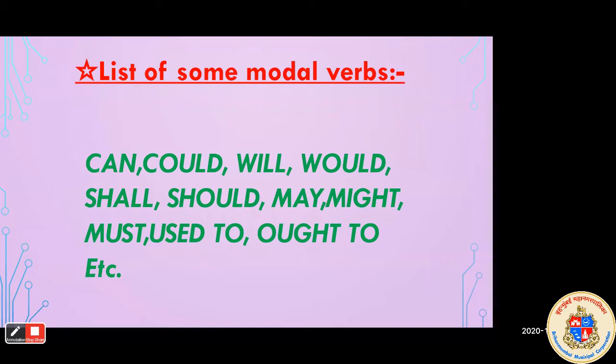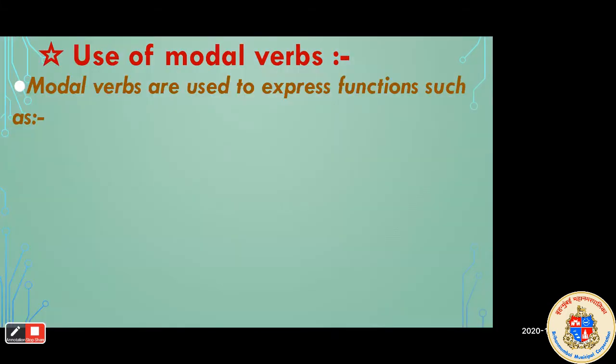Next, we are going to see how we have to use these modal verbs in sentences. Modal verbs are used to express functions. Which functions are they performing in the sentences?